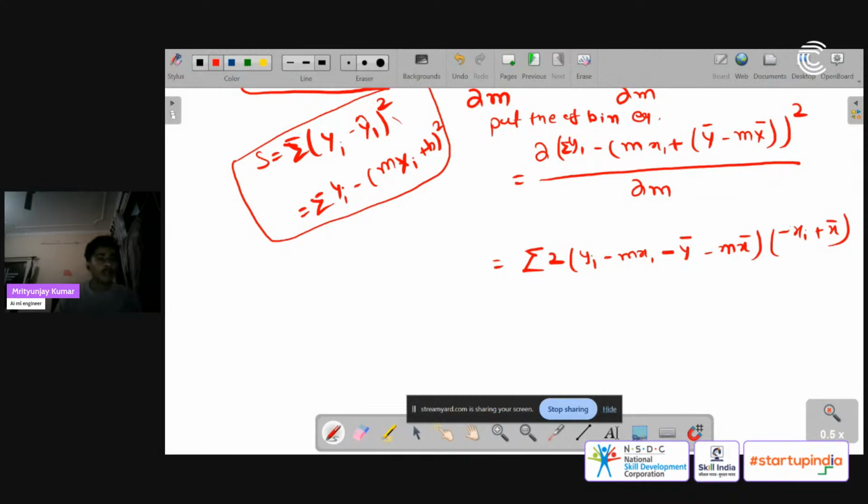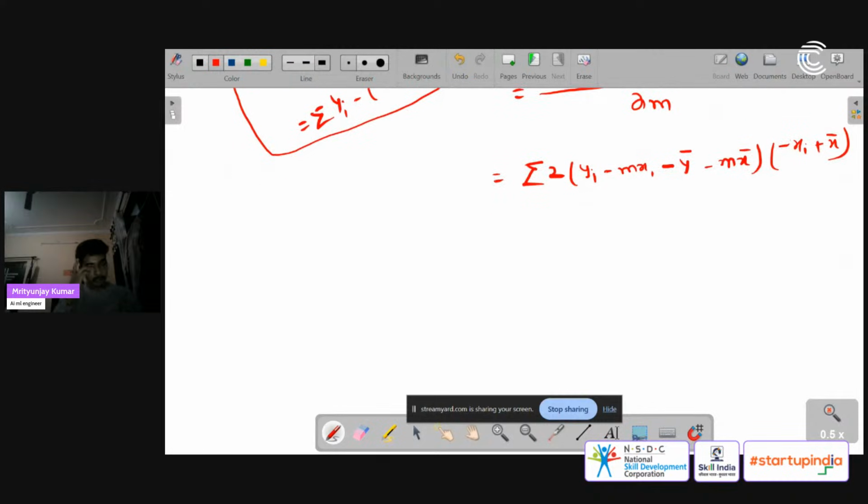Again, we have to try to minimize the value of m, right? Minimize means we have to get the accurate value that helps us find the minimum error for all the points. I may sound complex, but it is easy.